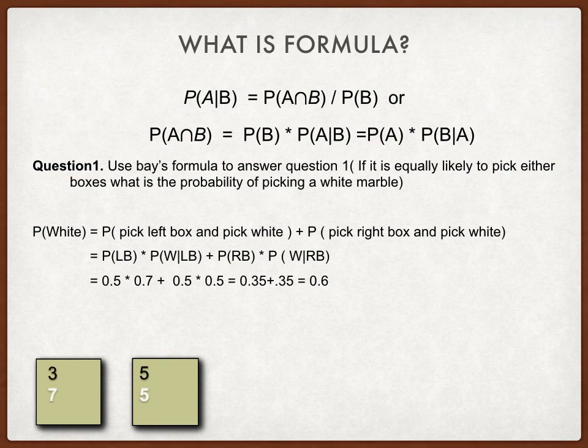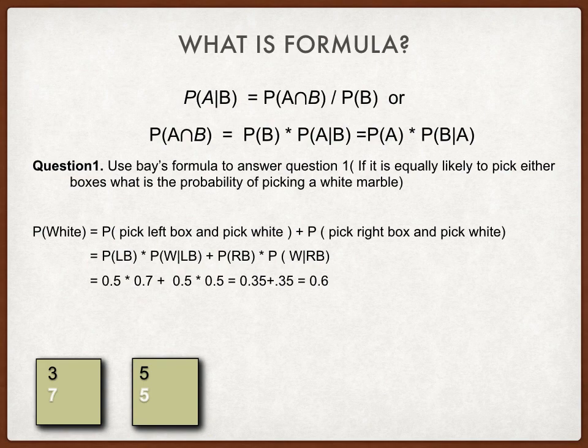Probability of the white coming from the left box is 7 white divided by total number of marbles, 10, plus probability of right box being picked, which is again 0.5 because it's the same probability as left box, multiplied by probability of a white coming out of the right box, which is 5 divided by total number of marbles in the right box, 0.5.